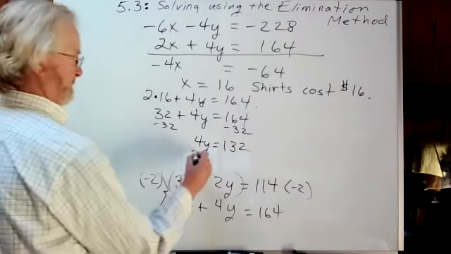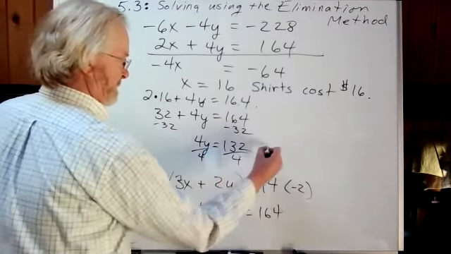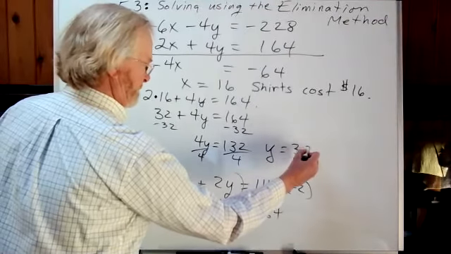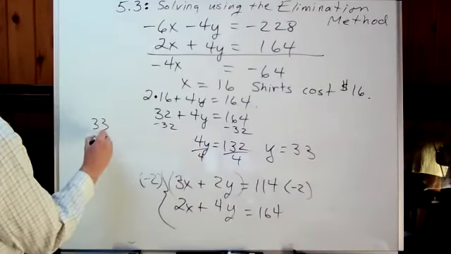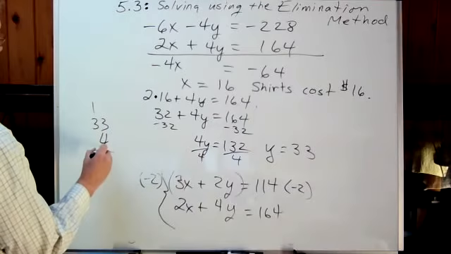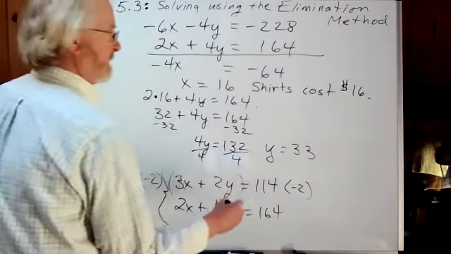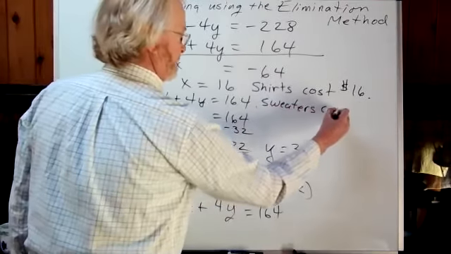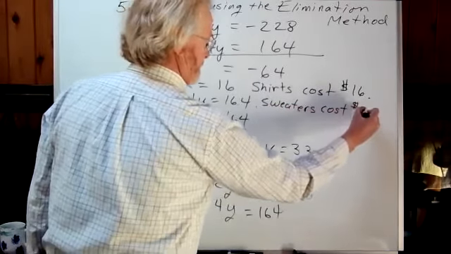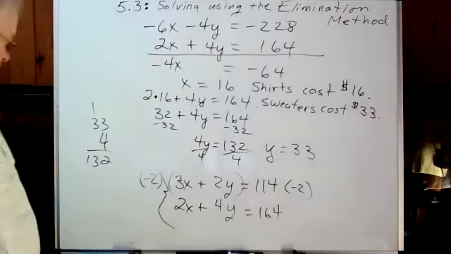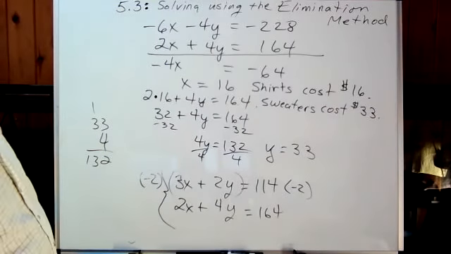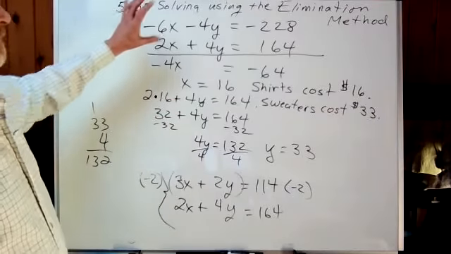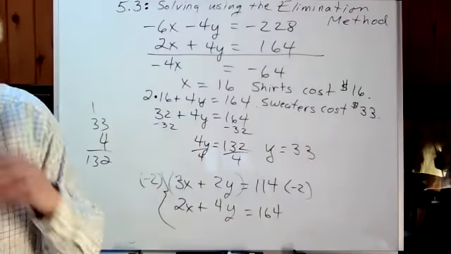Divide by 4. Y equals, what is that, 33? Yep. Sweaters cost $33. So a couple of situations that work out well for the elimination method, applying that elimination method.